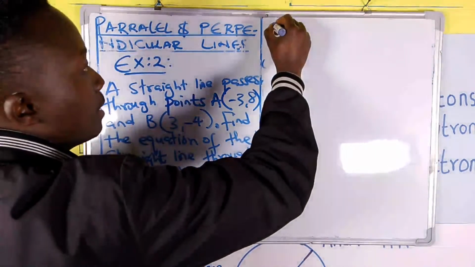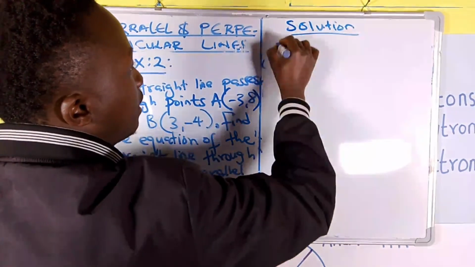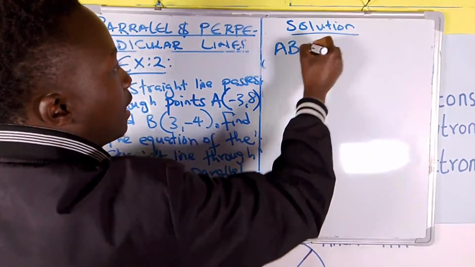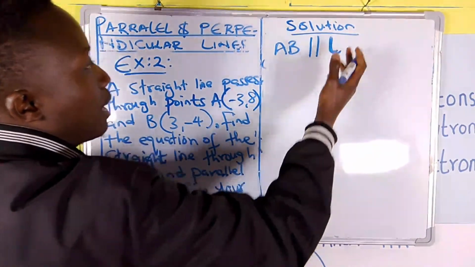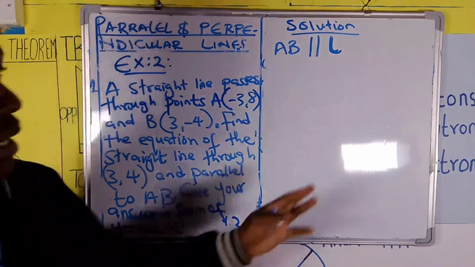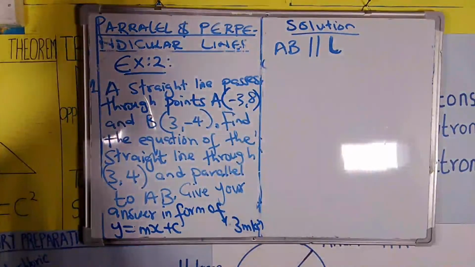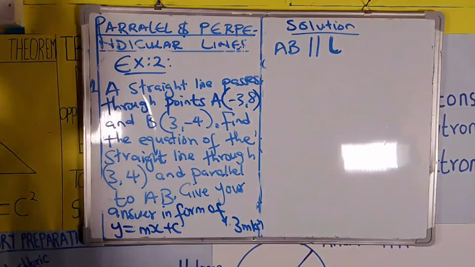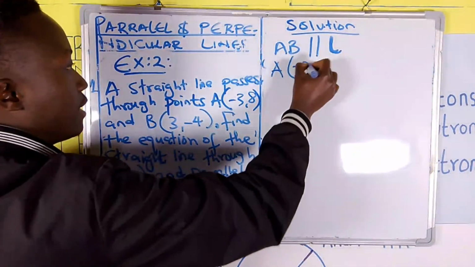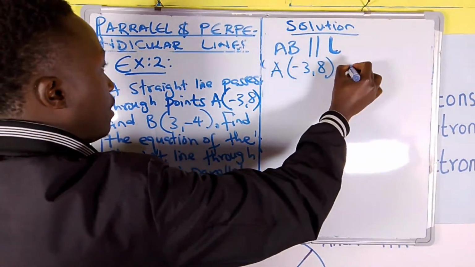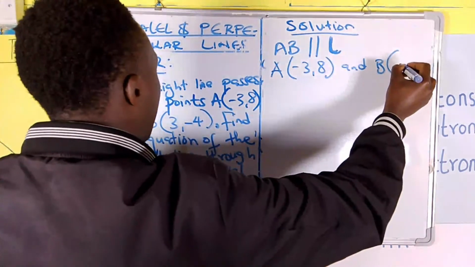So that simply means on our solution part, we are finding the equation of a line parallel to AB. We don't know that line, we can just call it L. But the line is parallel to AB. And in this case, we have been given the coordinates of A as negative 3, 8, and the coordinates of B as 3, negative 4.